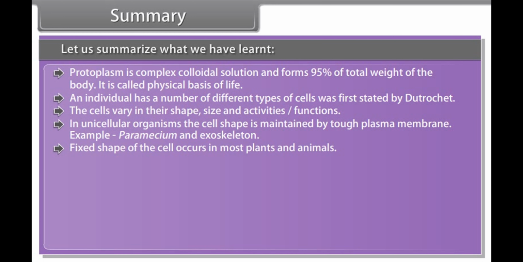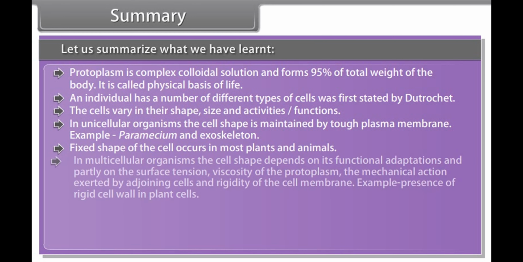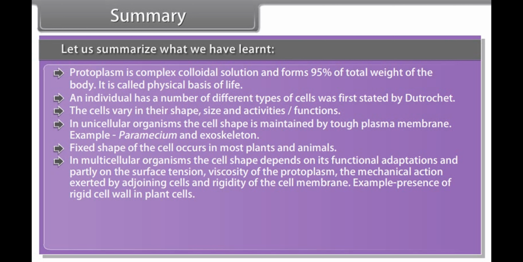Fixed shape of the cell occurs in most plants and animals. In multicellular organisms, the cell shape depends on its functional adaptations and partly on the surface tension, viscosity of the protoplasm, the mechanical action exerted by adjoining cells, and rigidity of the cell membrane. Example, presence of a rigid cell wall in plant cells.